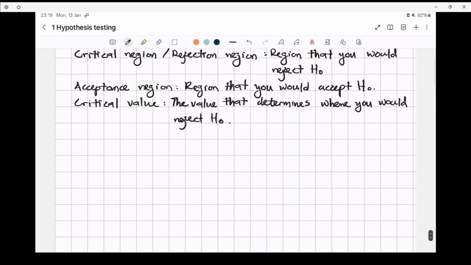Then you also have the significance level. Basically, this is the probability for you to reject the claim.